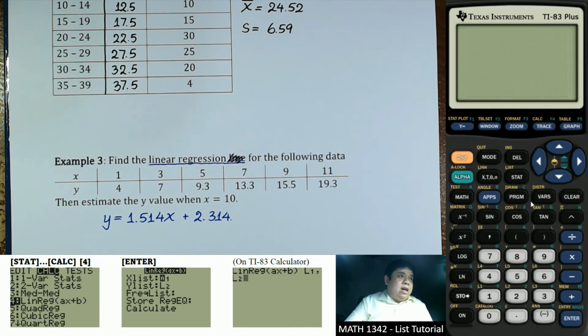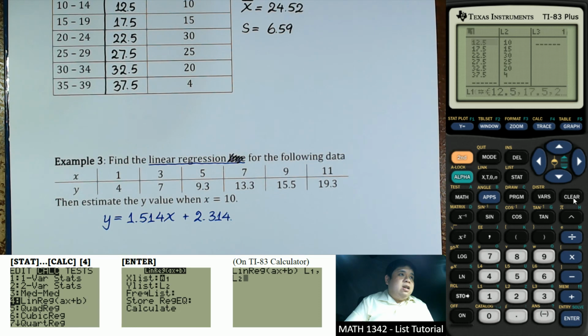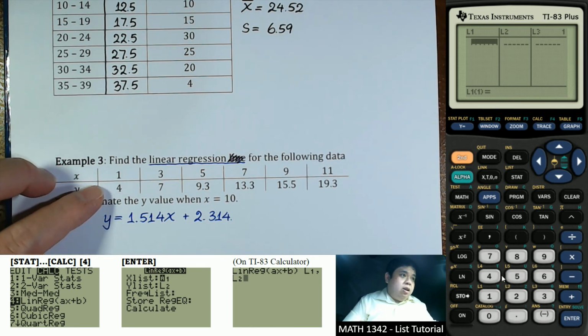Now on the TI-83, same thing. Hit stat, and now let's just clear the list. Now we enter the numbers.